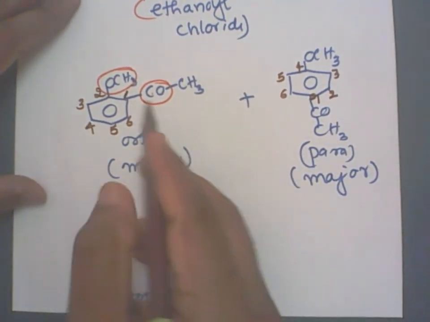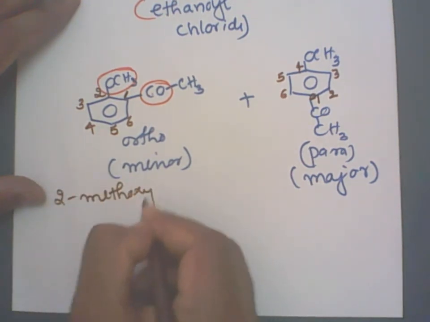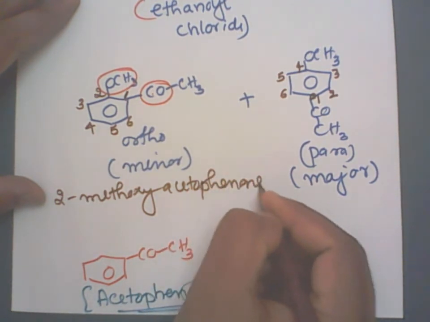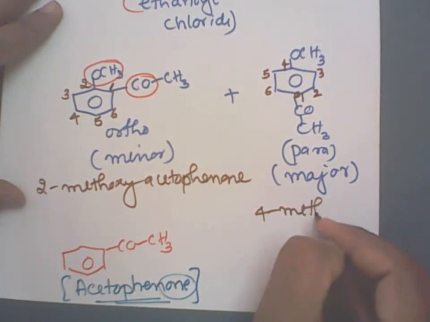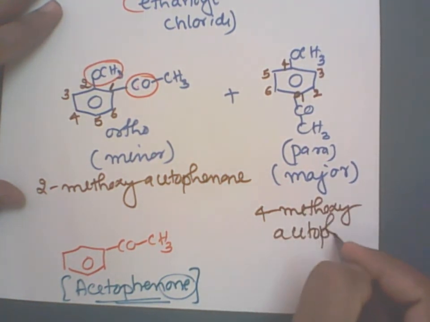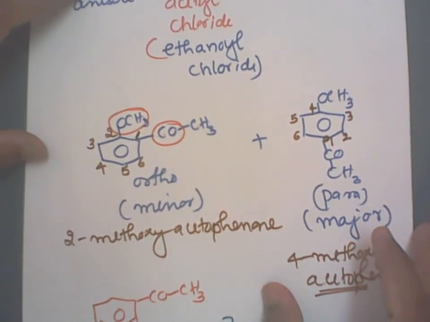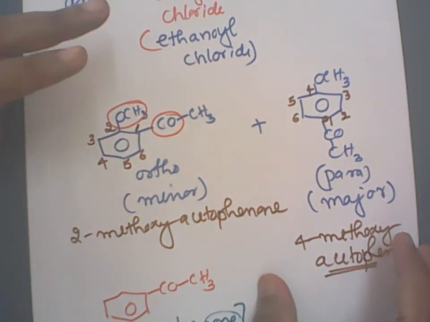So, which acetophenone? 2-methoxyacetophenone. And this will be 4-methoxyacetophenone.